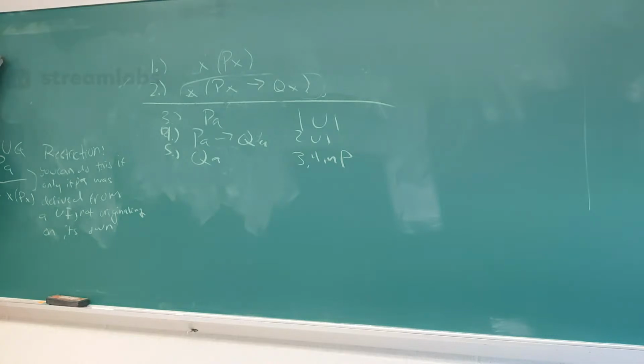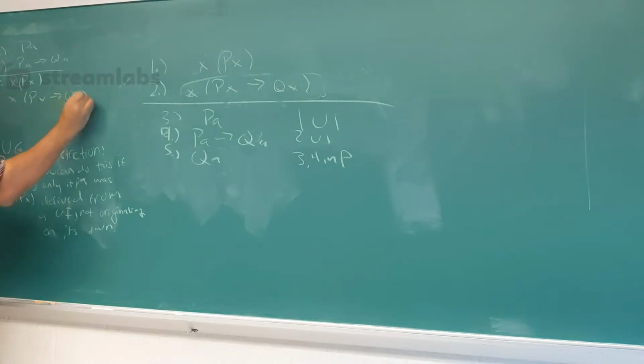Let's say I have this set of premises: PA, then QA, therefore, for any x, px then qx. Or I guess you could start by saying, for any x, px, and then for any x, px then qx. Okay. This is false. This does not work.